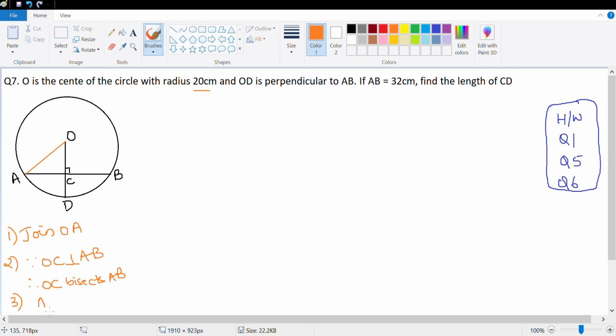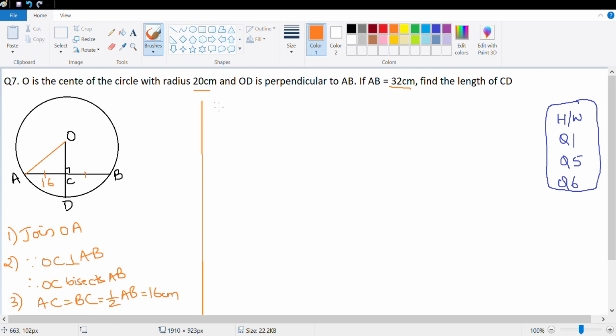What this means is AC is equal to BC is equal to half of AB, and AB is given equal to 32, which means half of AB would be 16 centimeter. So AC is equal to 16 centimeter.